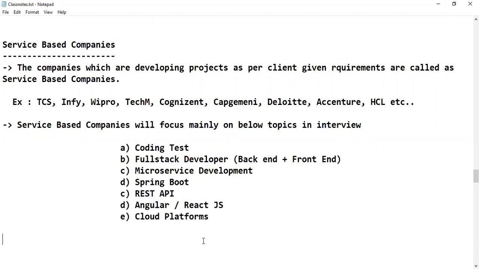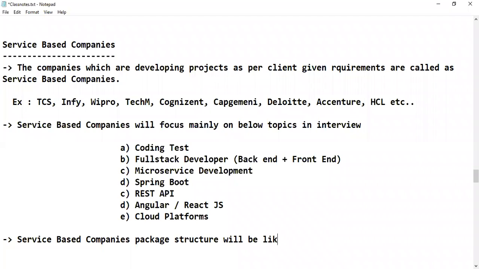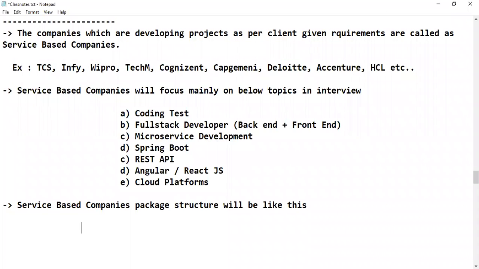Service-based companies will offer packages, and the package structure will be like this. When compared with the product-based companies, the service-based company package will be a little less, guys. It will be number of years of experience multiplied by 4 lakhs.